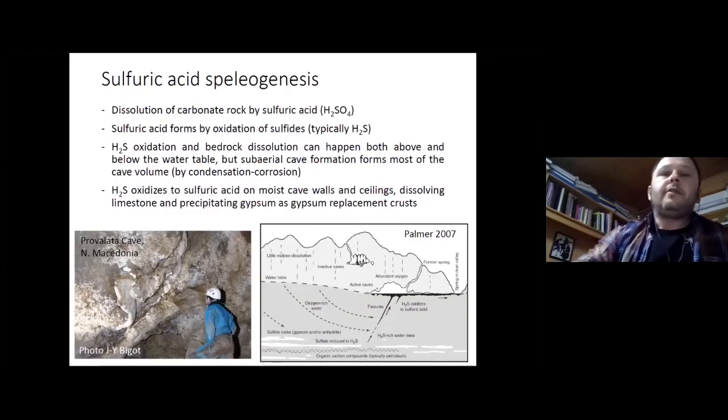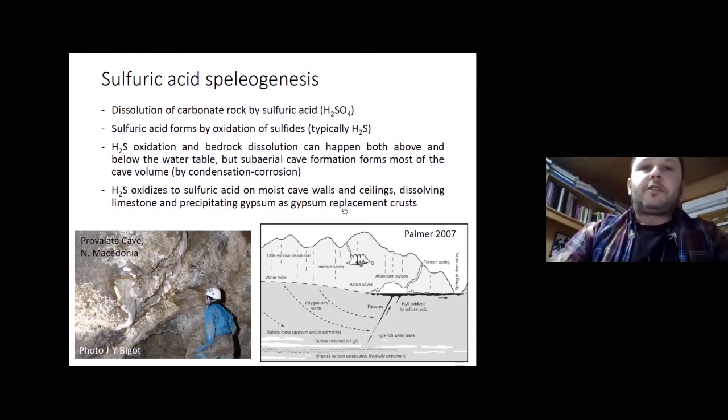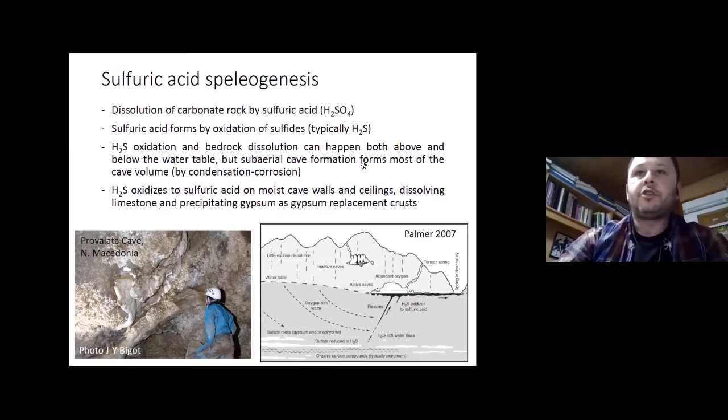On the other hand, sulfuric acid speleogenesis is a specific system in which the dissolution of the rock is by sulfuric acid, and this sulfuric acid is formed by oxidation of hydrogen sulfide.